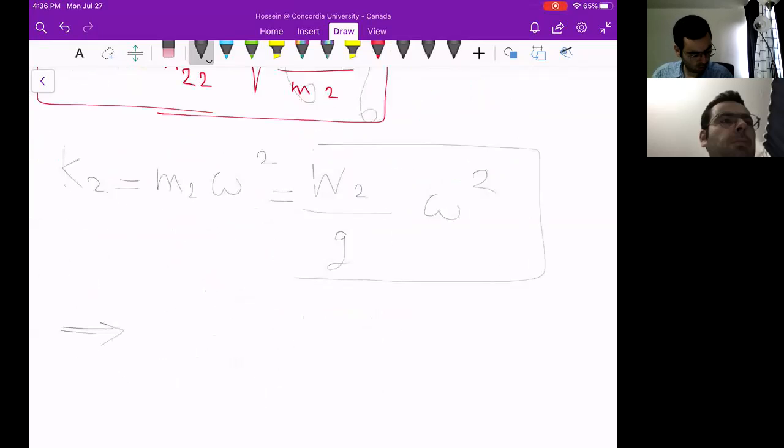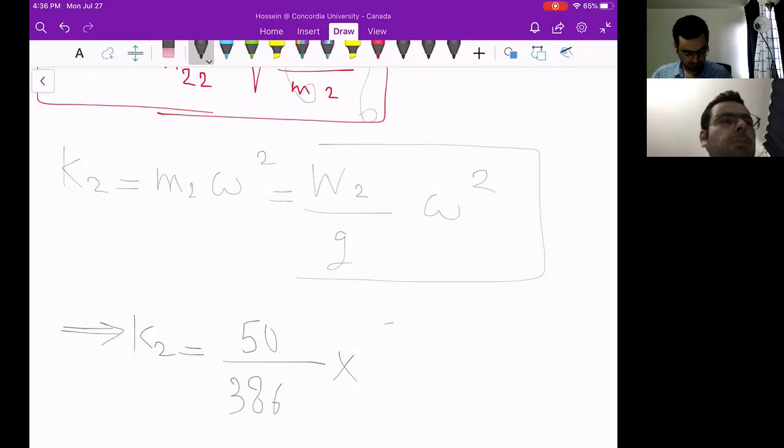Therefore, K2 is 50 pound over G. You have to go through the table and find the corresponding G for the inch unit, 386, multiplied by omega squared. The excitation frequency is based on revolutions per minute, RPM, so you have to change it into radians per second.